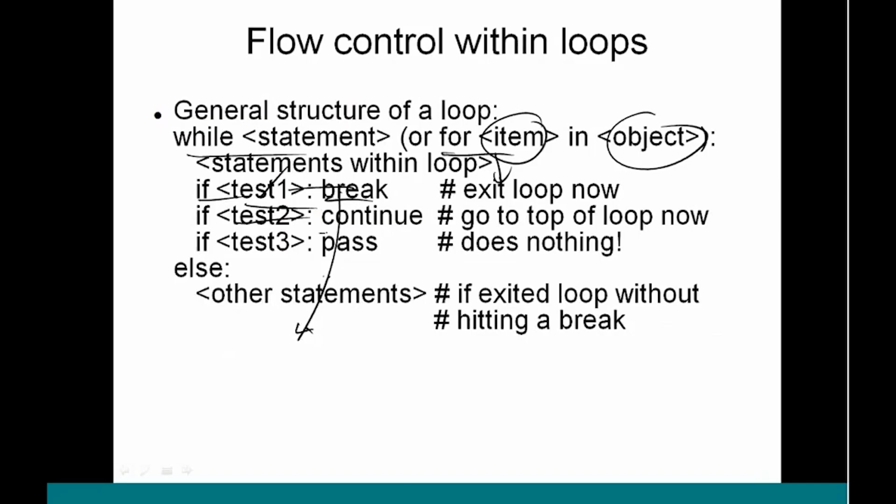Now test 2 is a continue, so when test 2 passes, it goes back to the top of the loop. And then we also use a pass statement, which is test 3. When test 3 is true, it does nothing and control goes to the next. And here there's also an else condition.